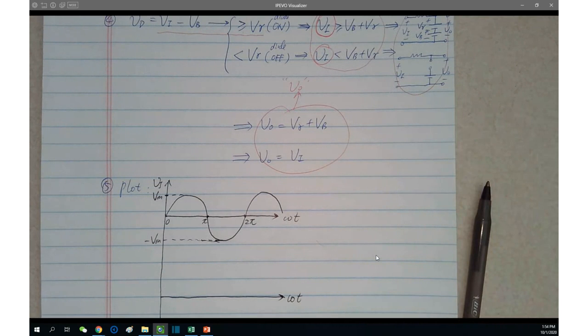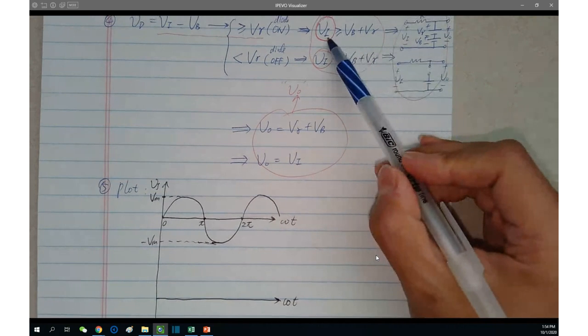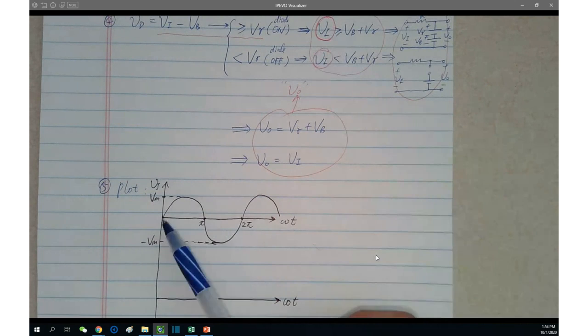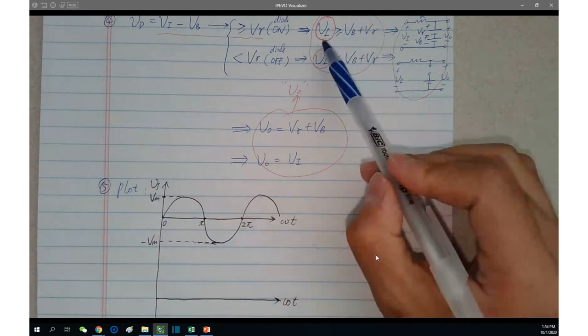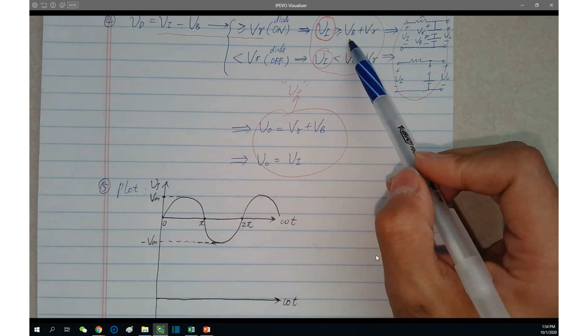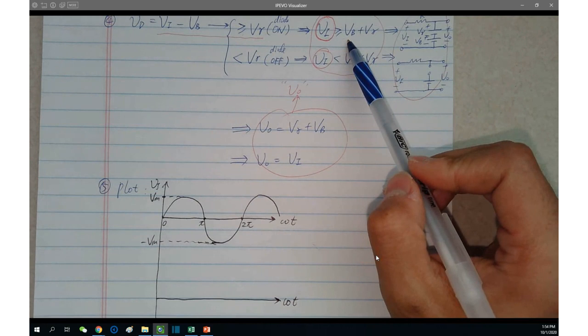So what you do here is this: look at the range for the diode to be on. When VI, who is VI? VI is here, sinusoidal. When VI is greater than or equal to VB plus V gamma. So first of all, VB plus V gamma is what? It's a constant.